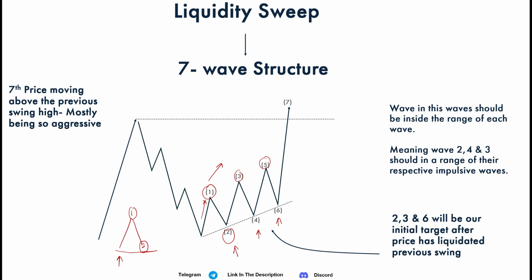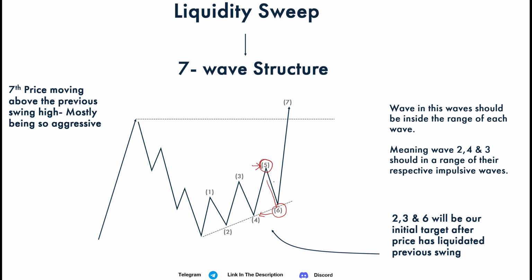And then we move forward, price breaks the previous high, and then it comes down inside the range of number 3 here. And then it moves to the upside once more to make the 5th wave. This is the area where I told you that we are not going to focus on this one. And then we have another wave, which is number 6 here.